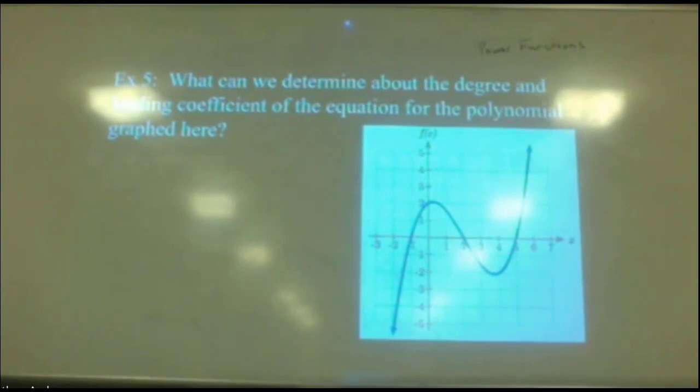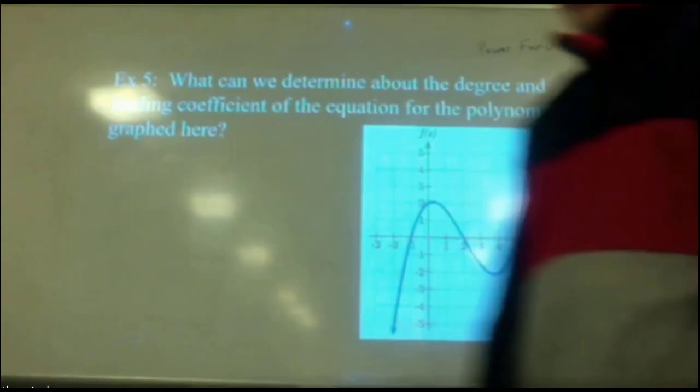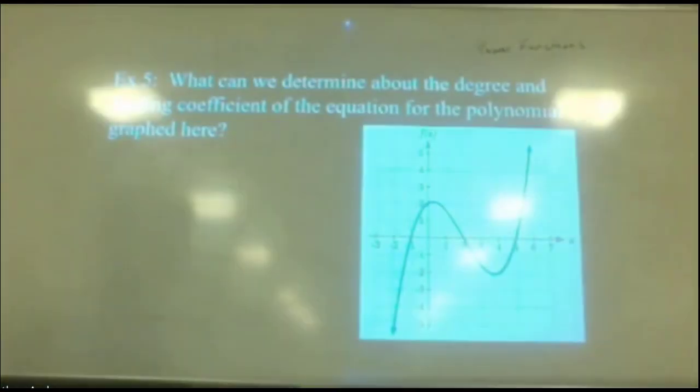Okay, so what can we determine about the degree and the leading coefficient of the equation for the polynomial graph? Well, the first thing I would look at is the degree of this one going to be even or odd?